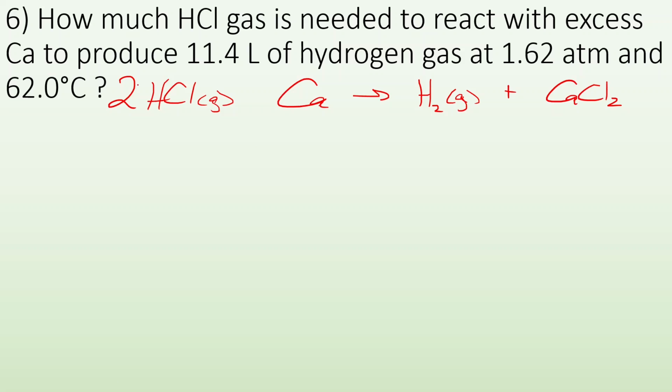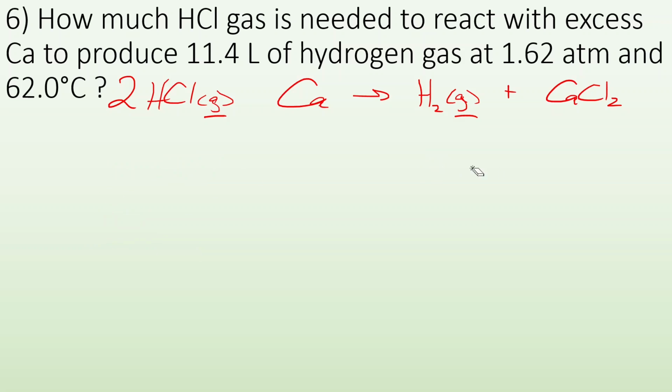Awesome. So you could do a bunch of elaborate math with PV equals nRT, but since these are both gases and we're talking about the same set of conditions, the amount of moles is going to be proportionate to the volume for each of those. So basically, if I had 1 liter of H2 gas, I would need 2 liters of HCl to make that.